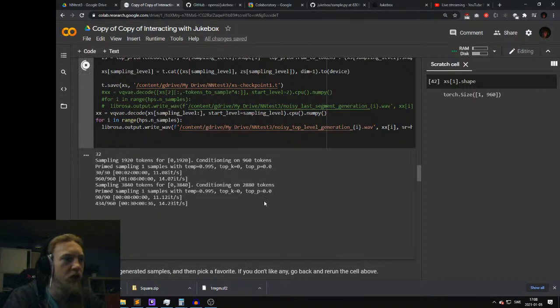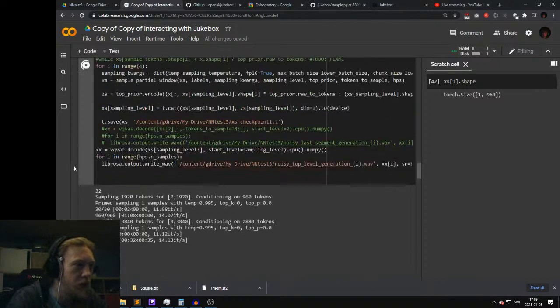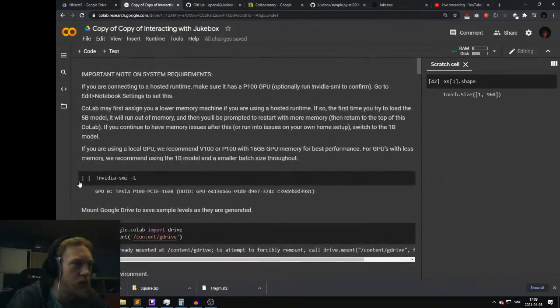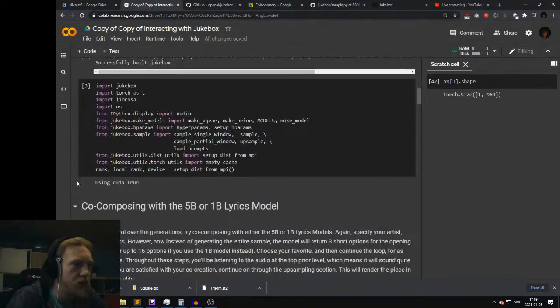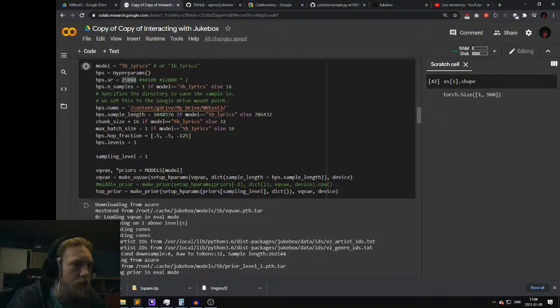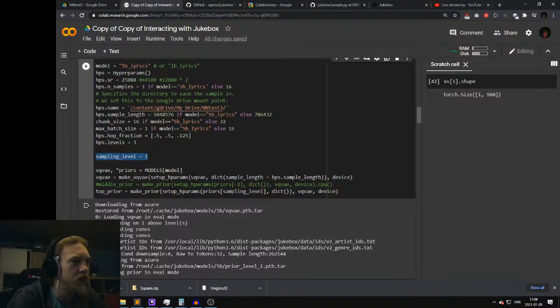But yeah, as the notebook is set up now, you basically select your own sampling level.